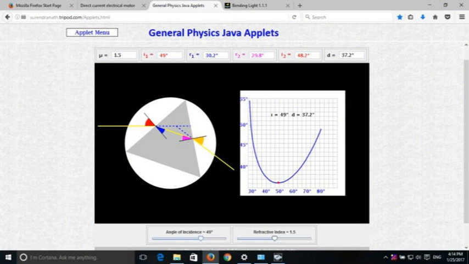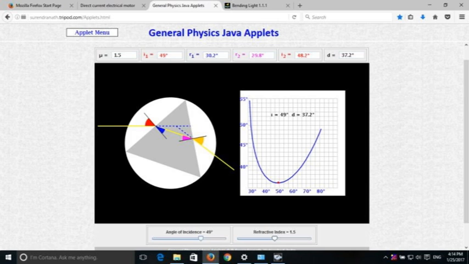So I have here a graph where I have taken the angle of incidence on the x-axis and the angle of deviation on the y-axis. As I increase the angle of incidence, initially there is a decrease in the angle of deviation, but if I further increase the angle of incidence, the angle of deviation again increases.